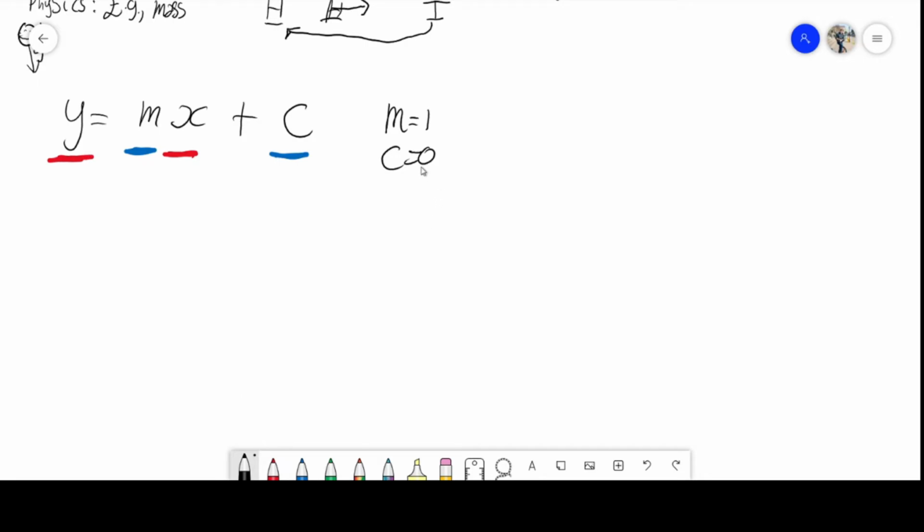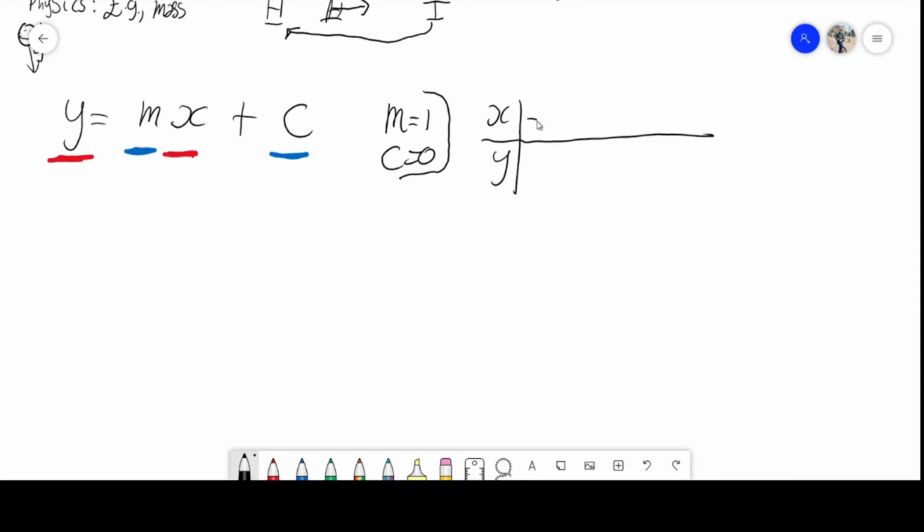Okay, and then given this, what we're now going to do is a list of values for x, and then we're going to see what y will be as a consequence. That is to say, we're going to vary x across some given range, and we're going to see how y varies as a consequence of x changing its value.